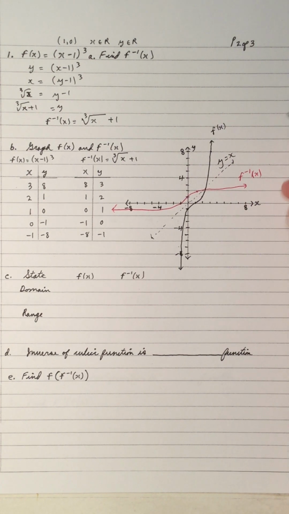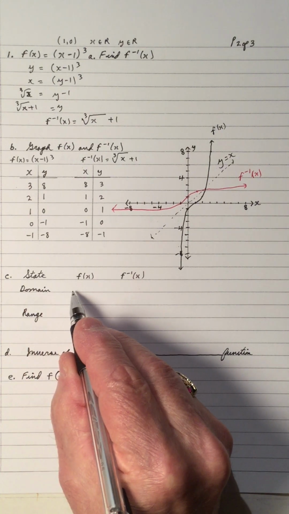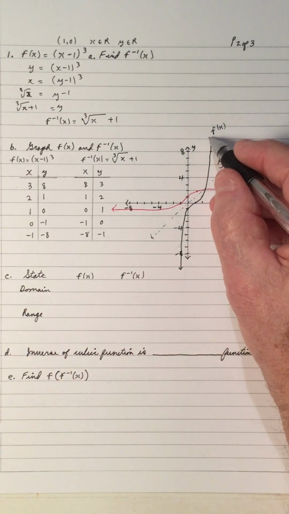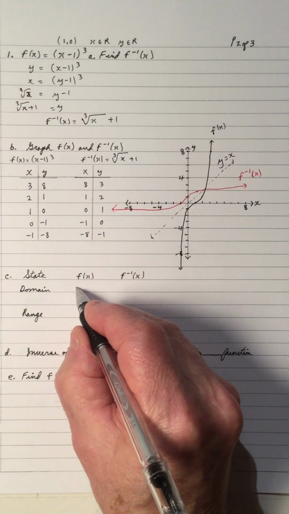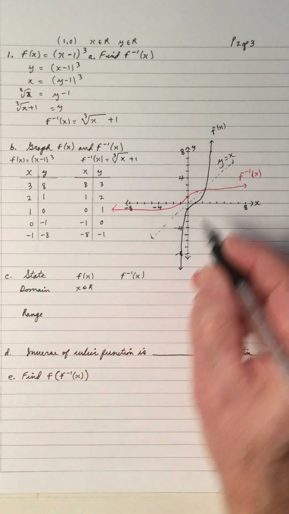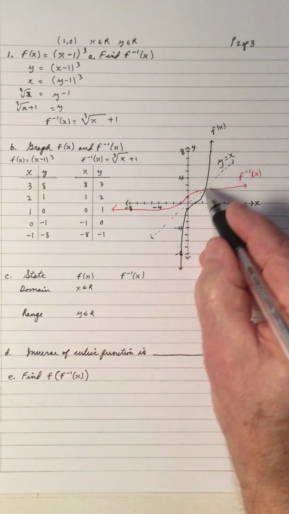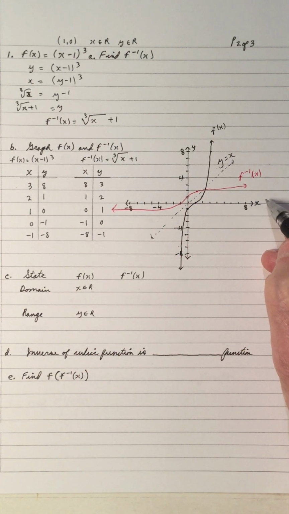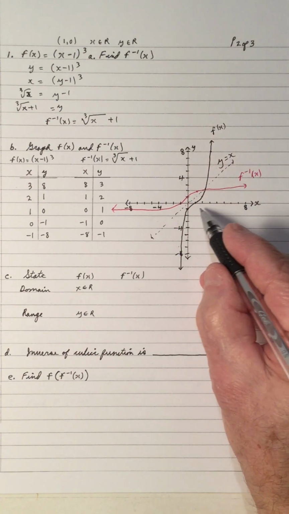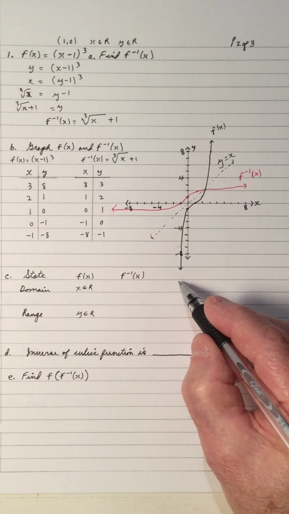Okay, let's look at the domain. The domain of f of x is reals, and the range is reals. So you have all the x's in your graph, because as x goes to the right, this keeps going up. As x goes to the left, this keeps going down.